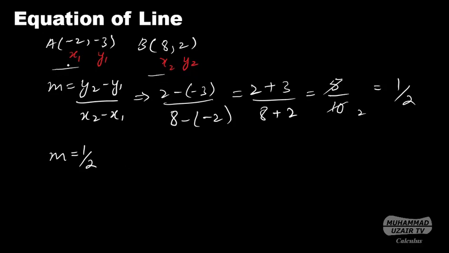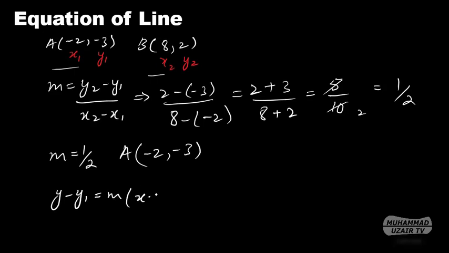Now to find the equation of line, we need to consider any one of these points, A or B. So let's suppose we consider A, so -2, -3. As we know, we have y minus y1 is equal to m times x minus x1.